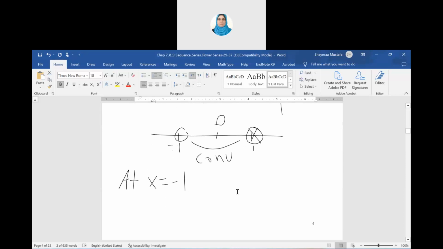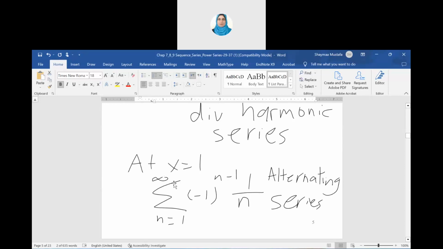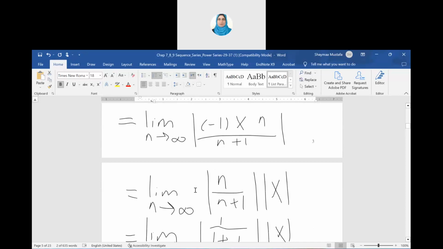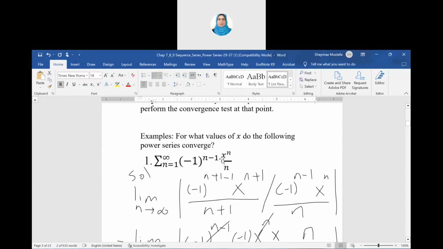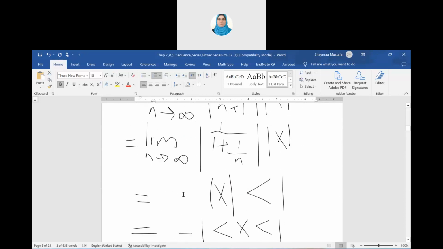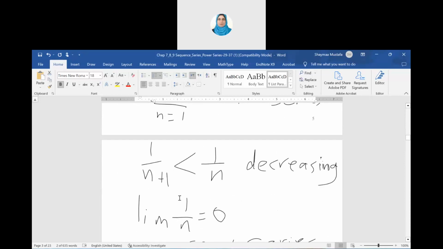Now we have to check at x equal to 1. We go back to the original series and replace x by 1, so we have a new series.